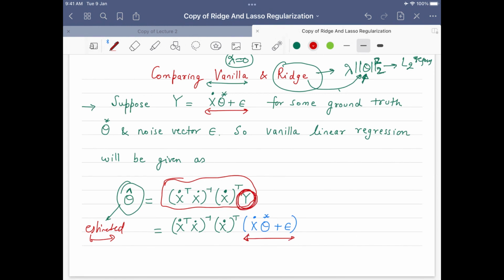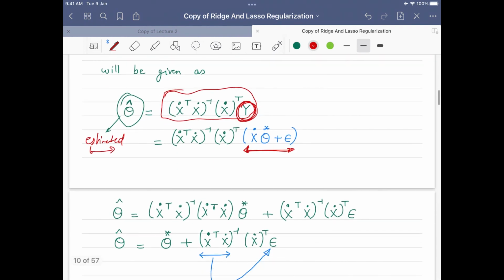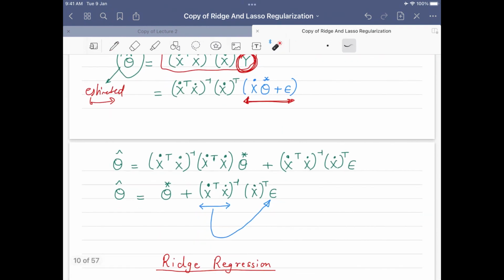Once you have this, we can cross multiply these terms with this and this with this. Here you will get two terms, one on the left side and another on the right side. From here, this is basically A inverse A, so its value will be identity. So this will be gone, and you will only be left with theta star.